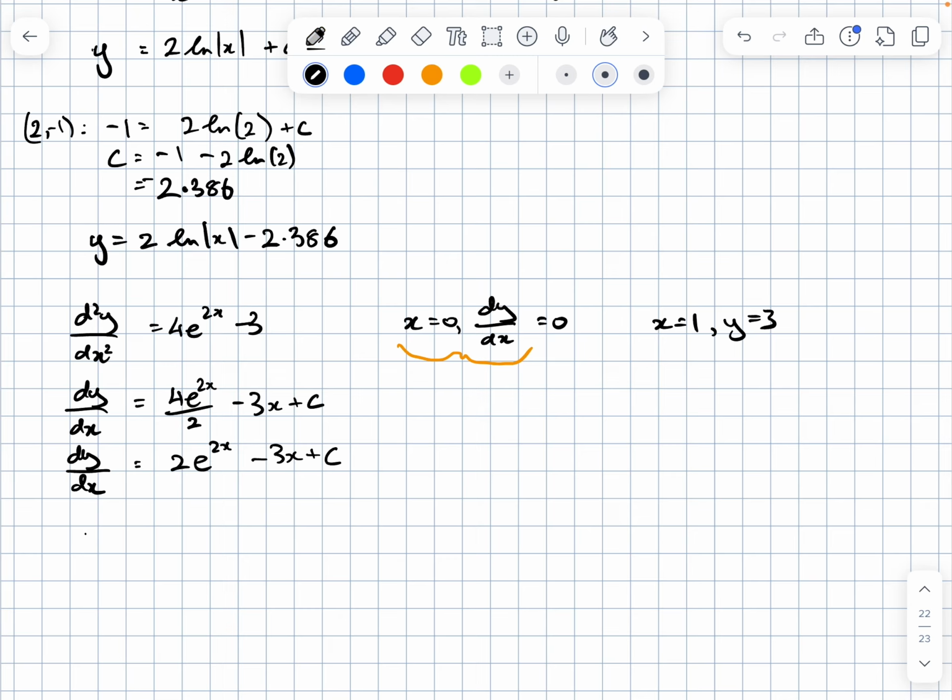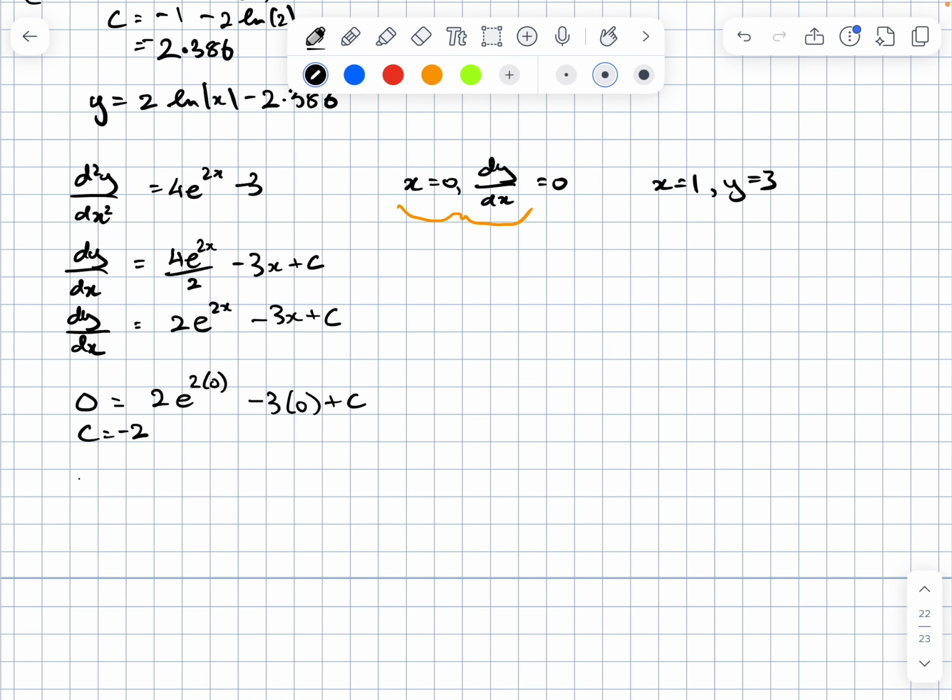So we have dy dx is 0, so that will be 0 equals 2e to the power of 2 times, and x is also 0 in this case, minus 3 times 0 plus c. Solving that will give you c equals negative 2. So we have an equation that says dy dx equals 2e to the power of 2x minus 3x minus 2.